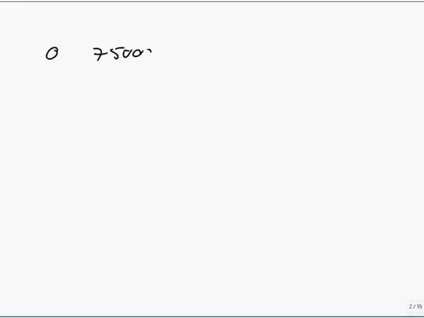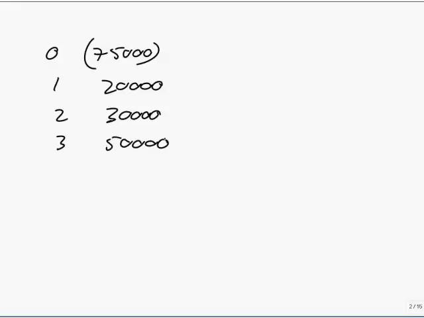I'll need to write down the flows. 75, 20 in a year, 30 in 2 years, 50 in 3 years. The net present value, to remove the interest to get the equivalent amount now, the present values.